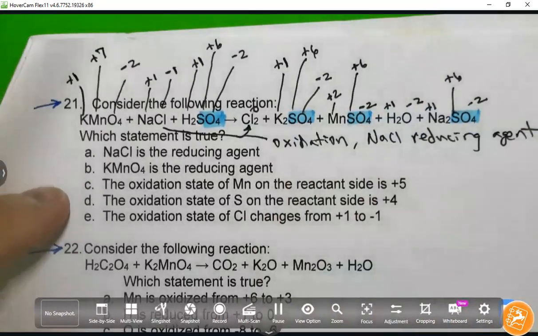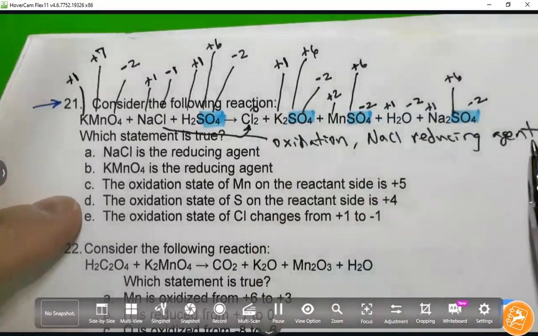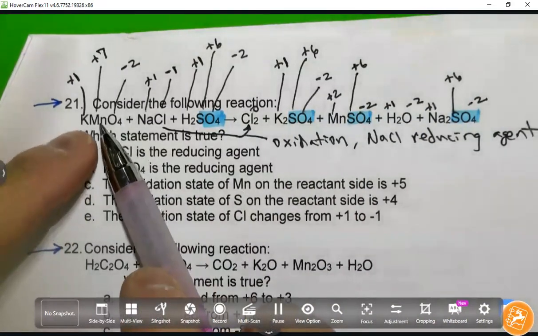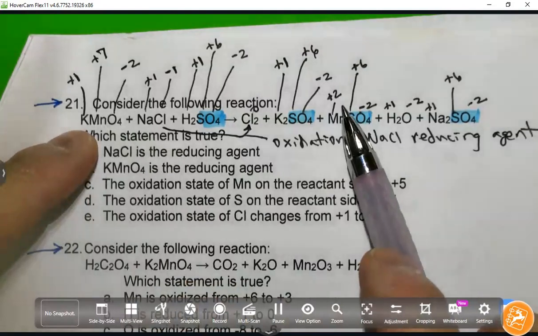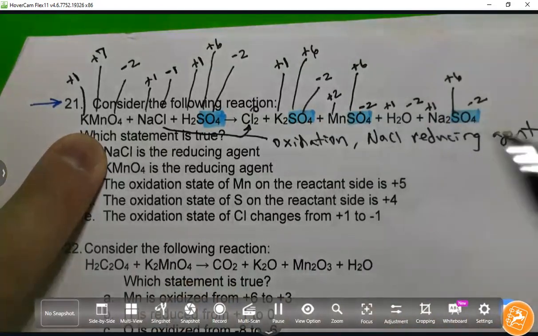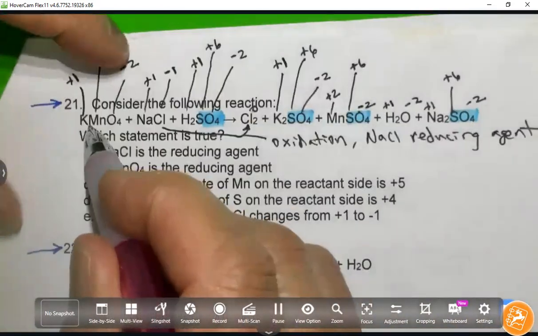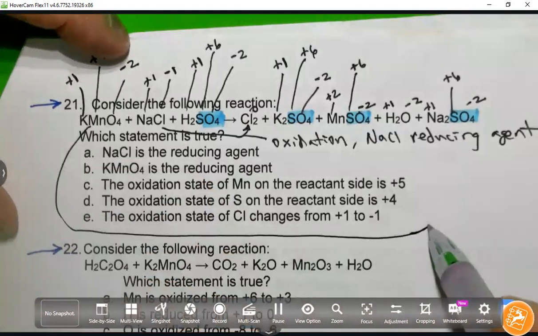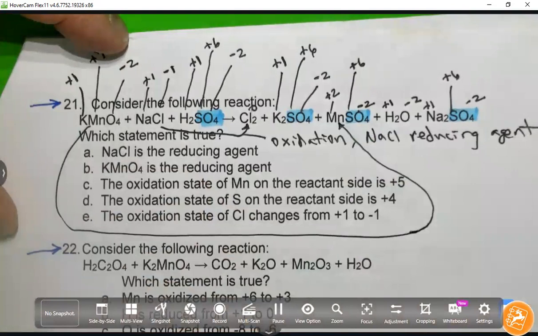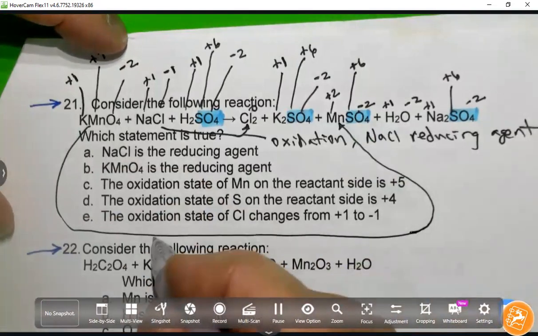So it looks like we already have A, but it looks like manganese is reduced from 7 to 2. So that's my reduction.